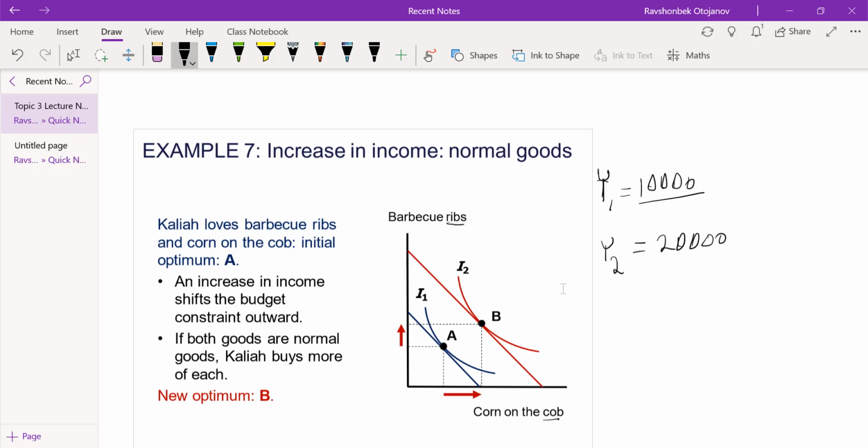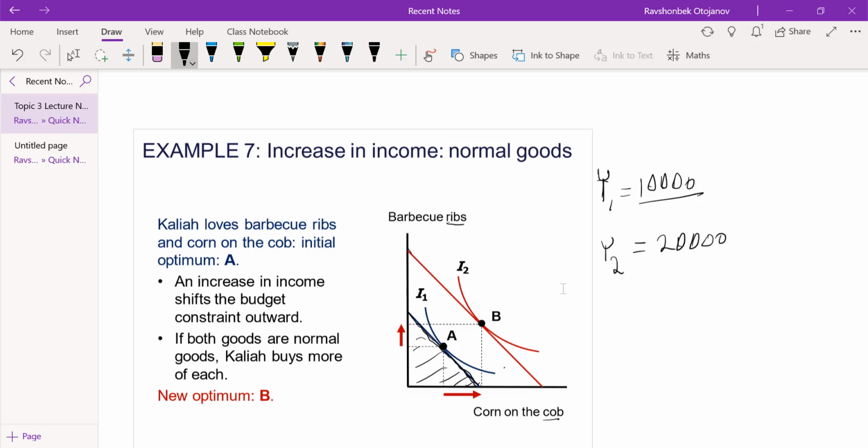When the income was 10,000, the consumer was able to afford the two goods within this budget constraint, but because their income increased, now they are able to buy greater amounts of each of these goods. So that means their budget constraint now is the red line here, and at the same time they are now able to enjoy higher utilities along this budget constraint.